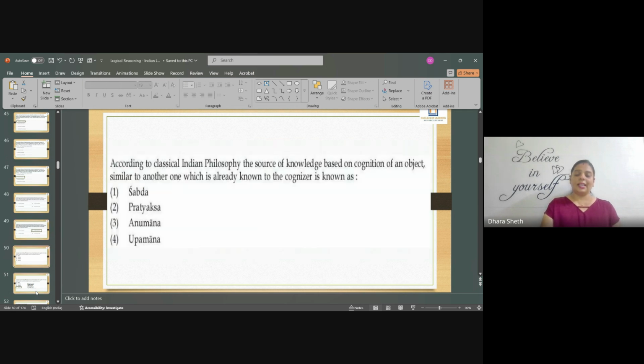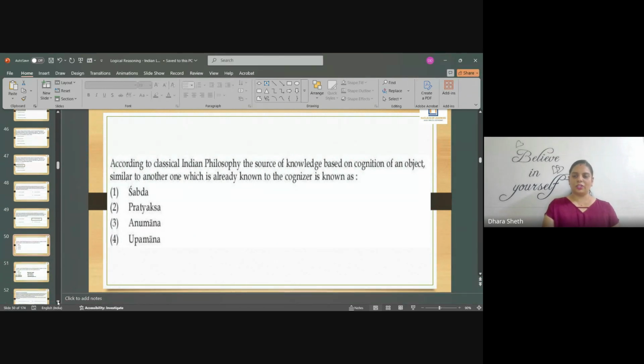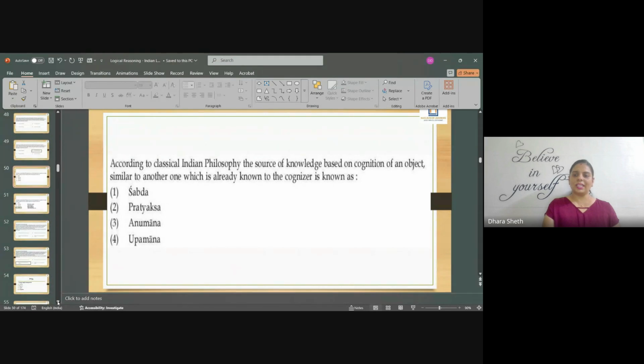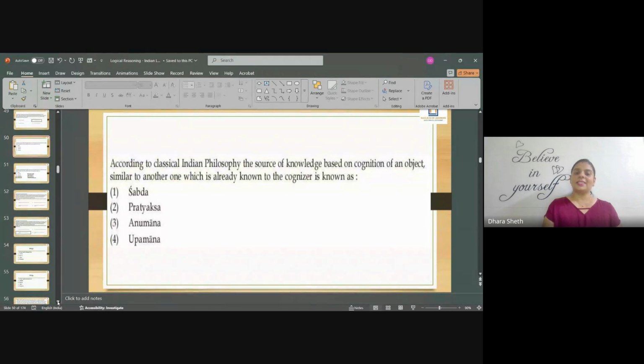Next, according to classical Indian philosophy, the source of knowledge based on cognition of an object similar to another one which was already known to the cognizer. Cognition is using your brain and understanding things. Knowledge of something. Knowing something.